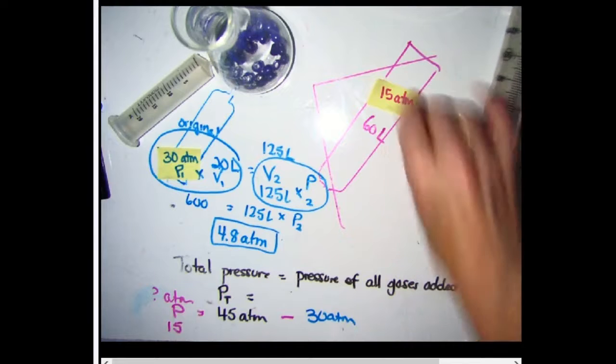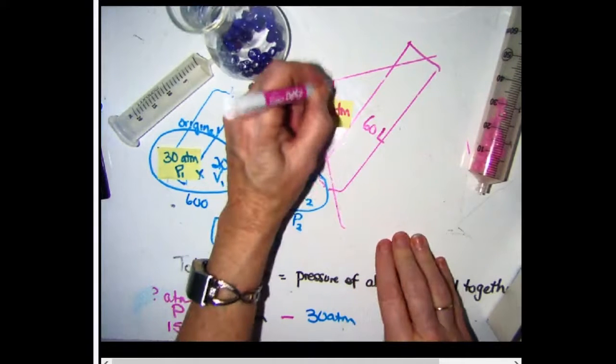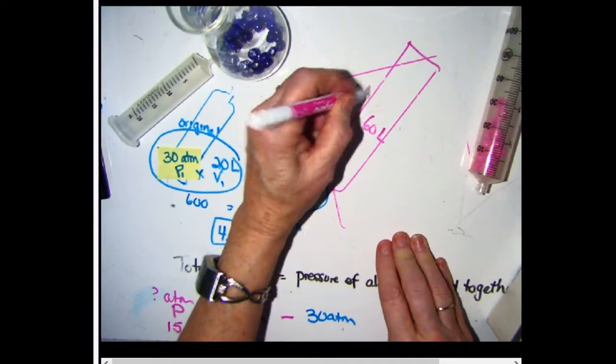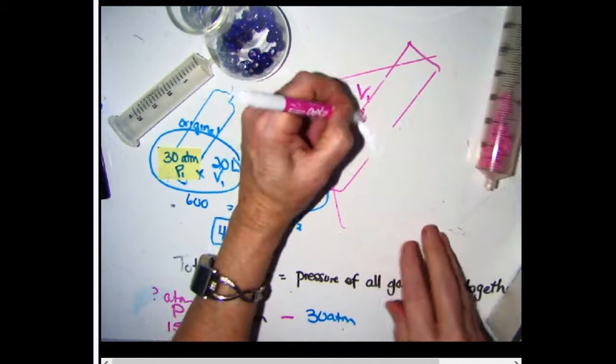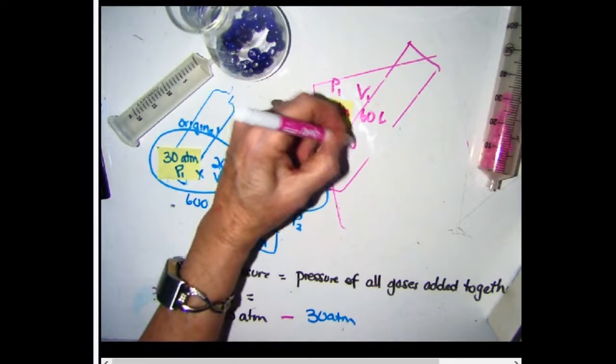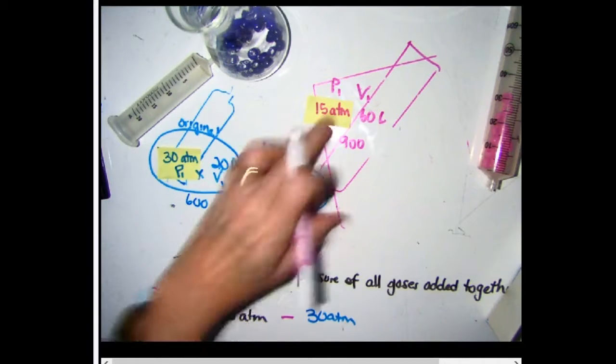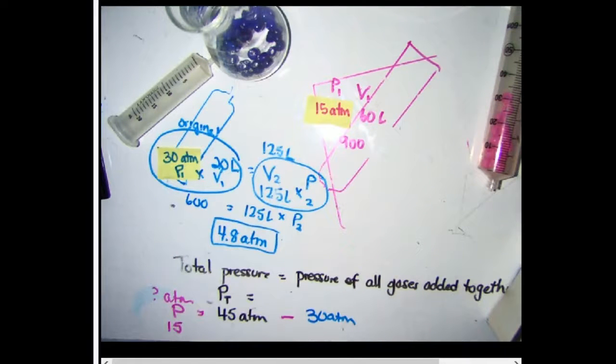My P1 is 15 atmospheres. My V1 is 60 liters. So let's take 15 times 60, and we're going to have 900 up there. All right, now that's atmosphere liters. We're not going to worry about the units.